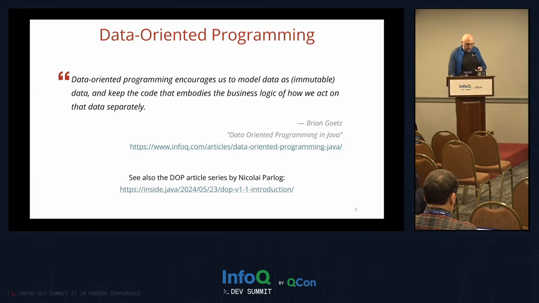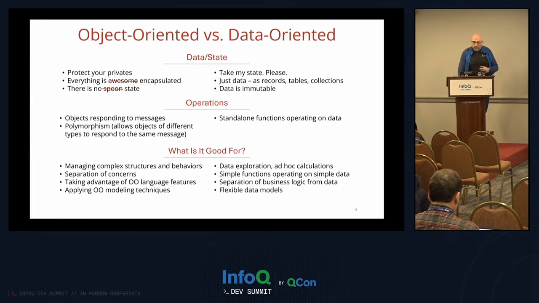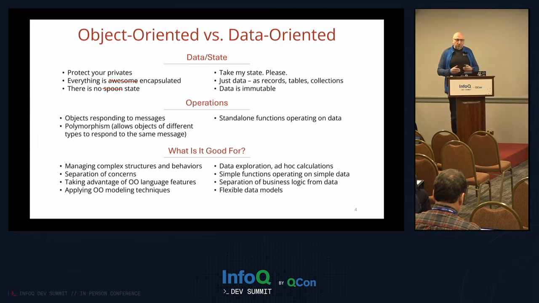To understand it better, it probably helps to compare it to another popular paradigm, object-oriented programming. The difference between those two approaches is in how we treat data or state and behavior. With the object-oriented approach, we all know about the need to encapsulate, to protect your privates, to model our system as objects responding to messages.